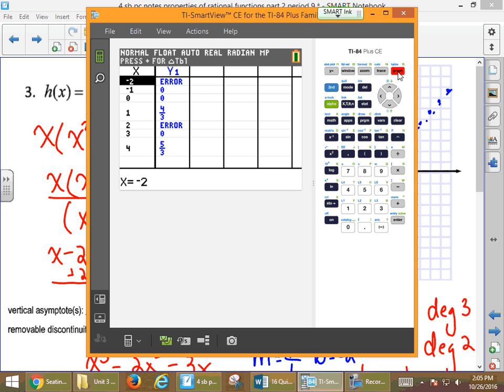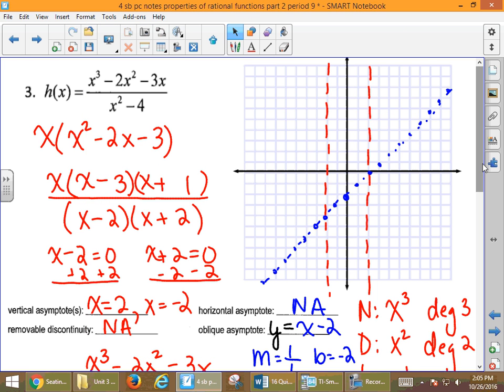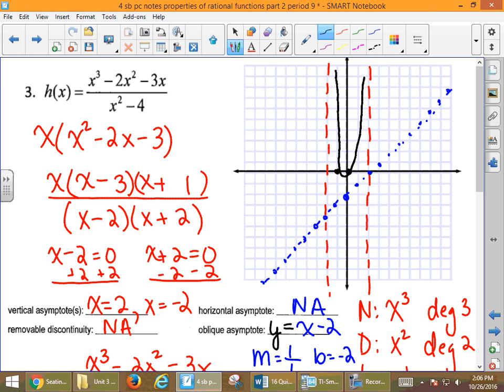We've got negative 1, 0 and 0, 0. So when we look at our picture, we're in here. Our graph is somewhere in there. Not super fancy, a rough sketch.